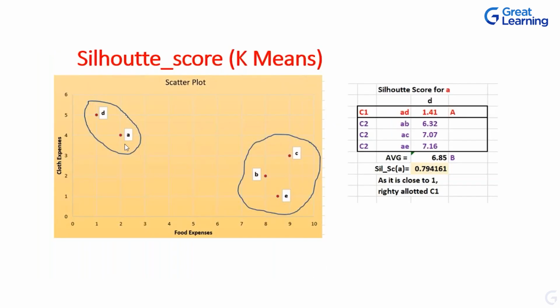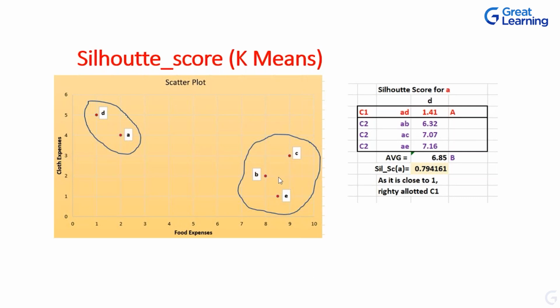So if A is the data point and we want to find out its silhouette score, which will ultimately give you the indication whether this is correctly clustered in this group or it should be in this group, then we need to calculate its average distance from A to all data points, which we have done here.